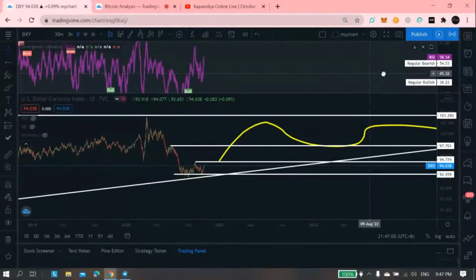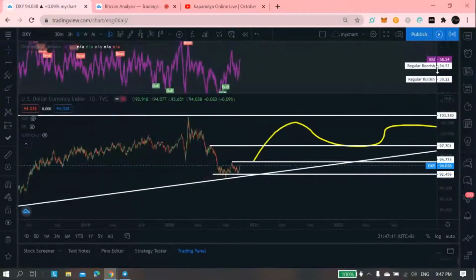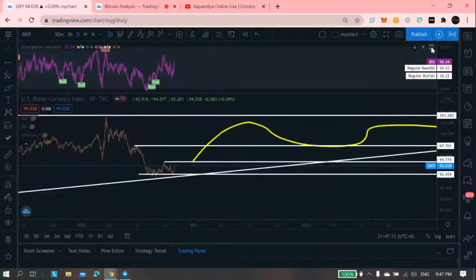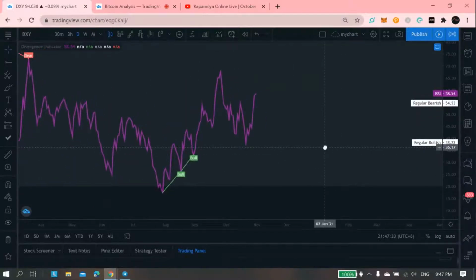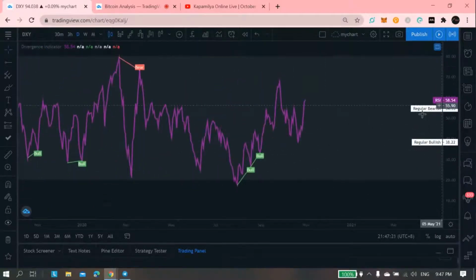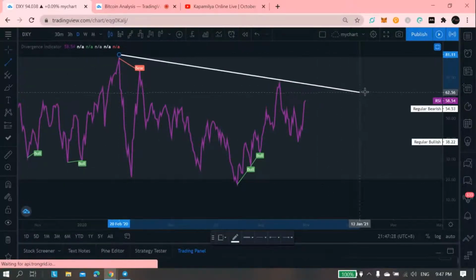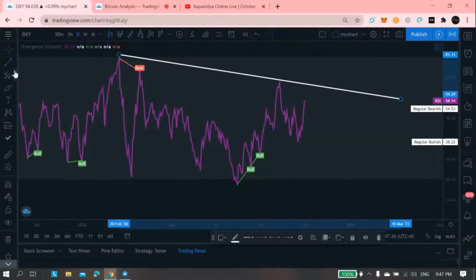Anyway, let's look at the RSI, or the divergence indicator. Currently it's trending higher and could possibly retest this area, possibly around the 65 area.